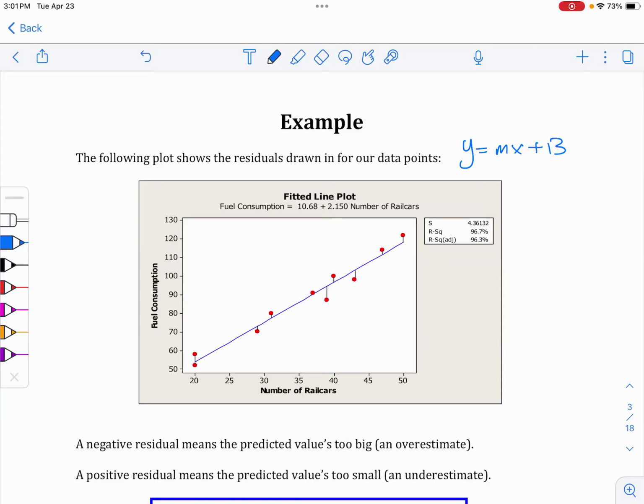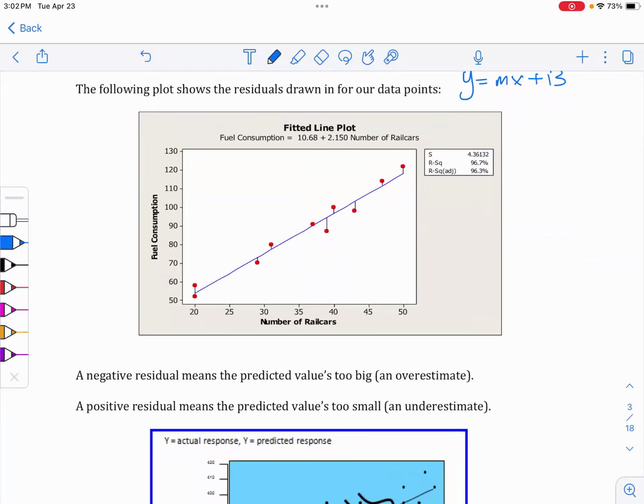So it puts it into context. It's not using x's and y's, it's actually going to use the context of your problem. But that equation is one we're very, very familiar with. Y equals mx plus b. I mean, you learned that 10 plus years ago. This concept is what StatCrunch does in order to find our best fit line.